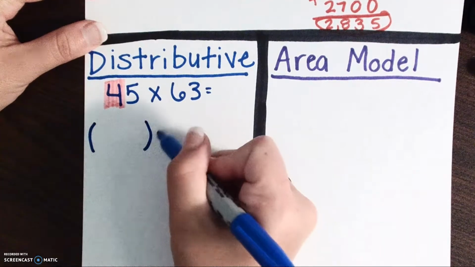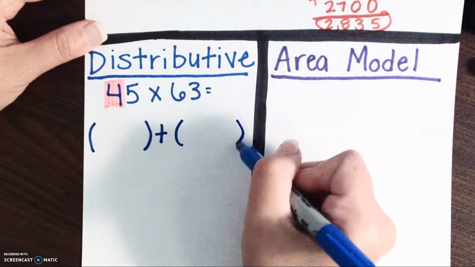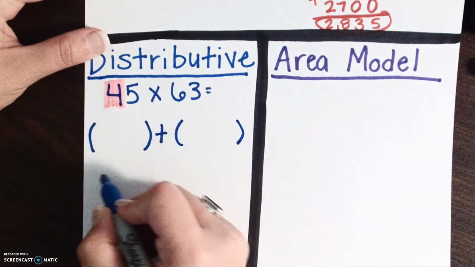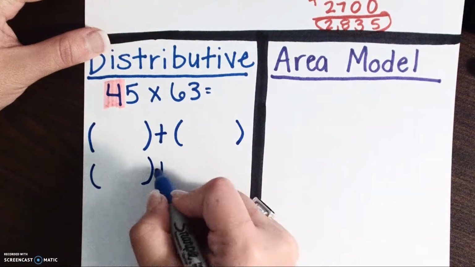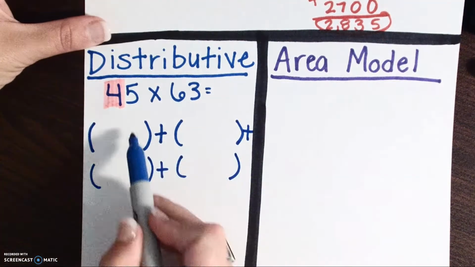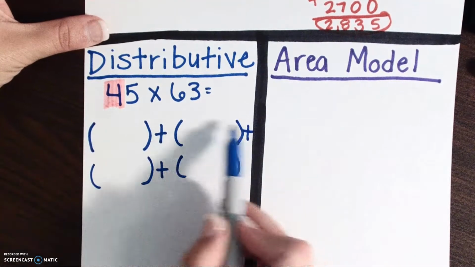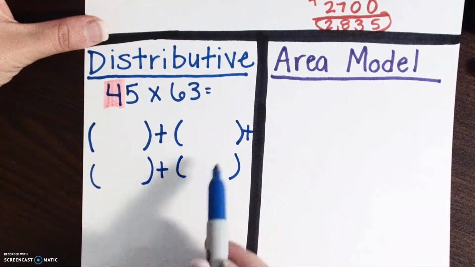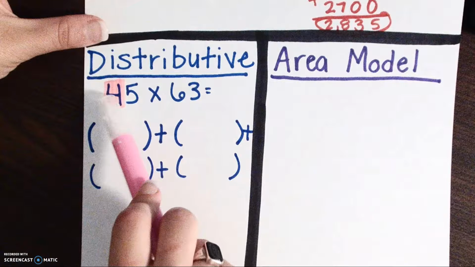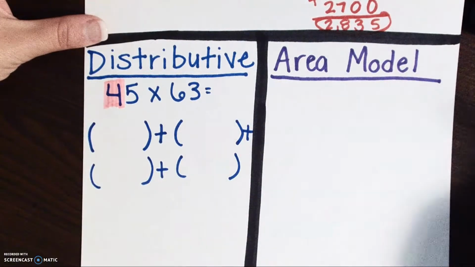One good thing to go ahead and do when you start distributive is to make your groups. If you have 2 digits over here and 2 digits over there, then you are going to have 4 groups. So I like to go ahead and make my groups. There's a group, there's a group, there's a group, and there's a group, okay? Now, I'm starting with my 10's place. Back to my 4. Okay?